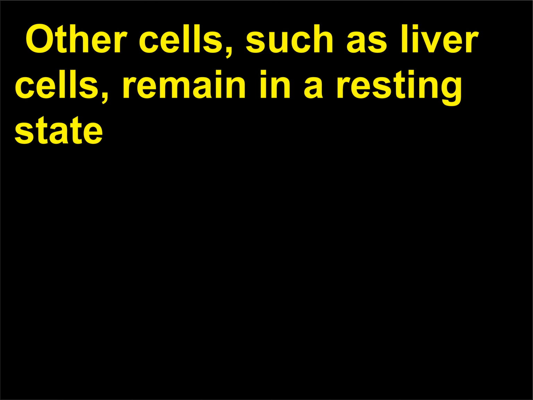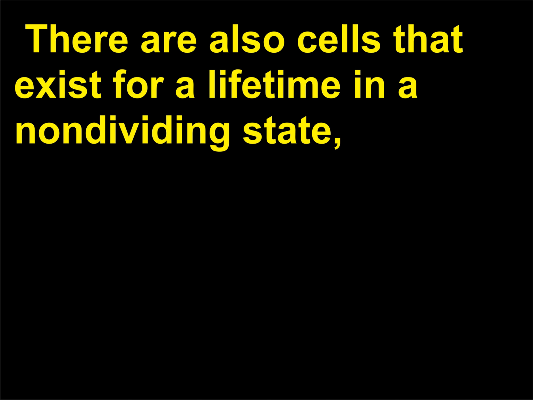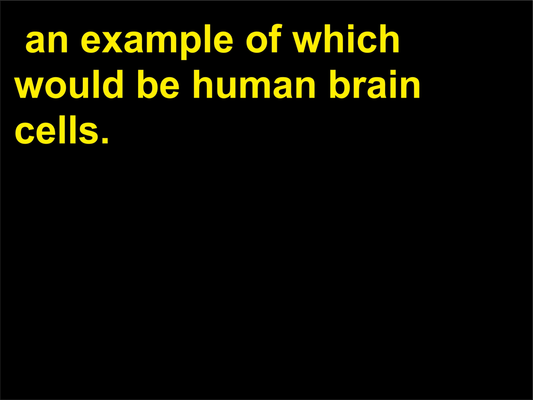Other cells, such as liver cells, remain in a resting state, interphase, for up to a year before undergoing division. There are also cells that exist for a lifetime in a non-dividing state, an example of which would be human brain cells.